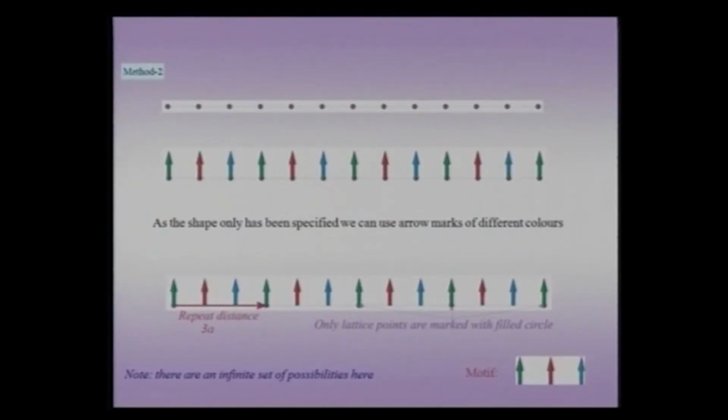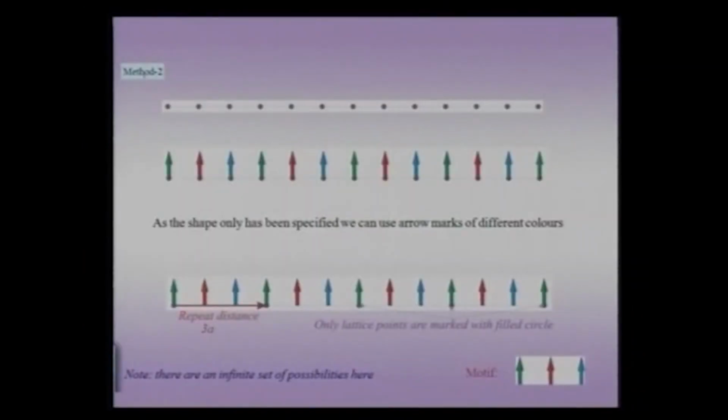But I have not exhausted all possible ways of generating this one-dimensional crystal. So let us consider one more method in the next slide, wherein I have this original array of points spaced a apart, and what I do this time is change the color of the arrows.